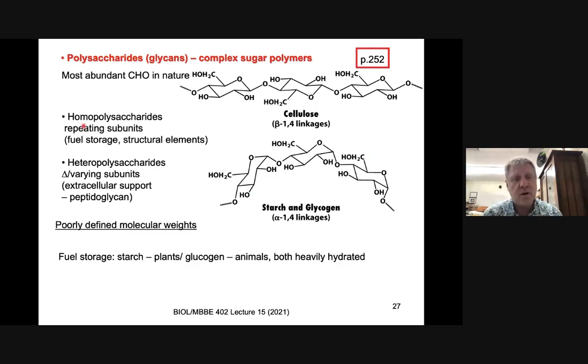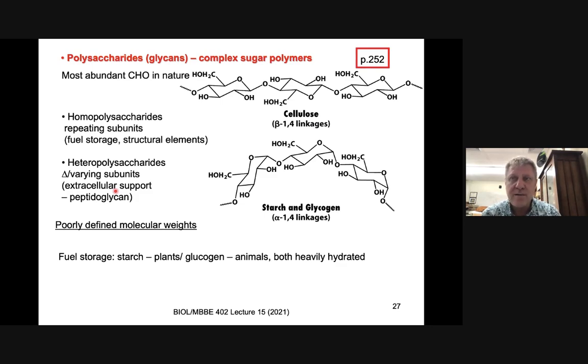So we see the common homopolysaccharides are commonly used for fuel storage and structural elements, as I said, and we illustrate here the homopolysaccharides of starch, glycogen, and cellulose. The heteropolysaccharides, which we'll have a little bit more of illustration of today, can be used as a kind of cellular structure, support system.